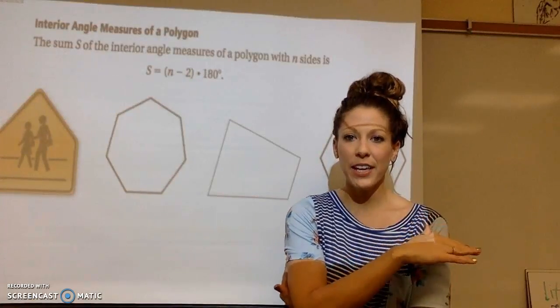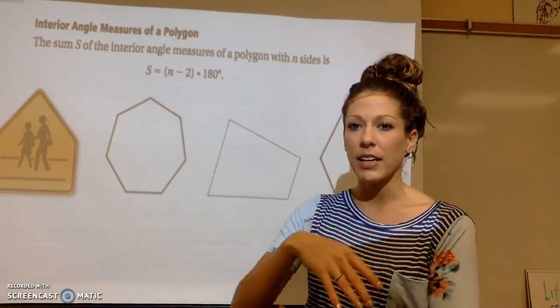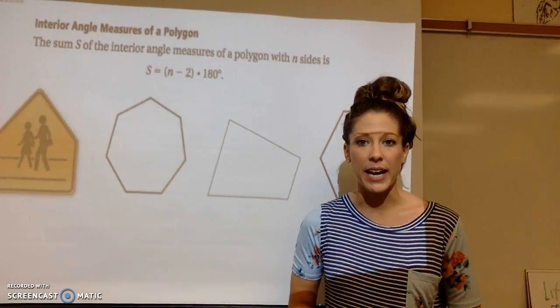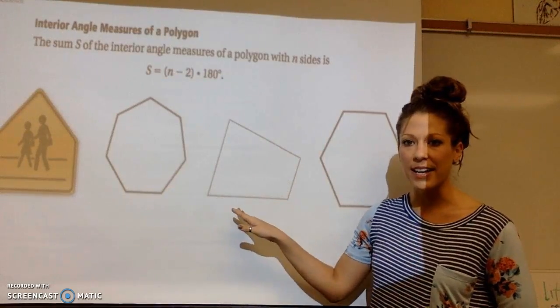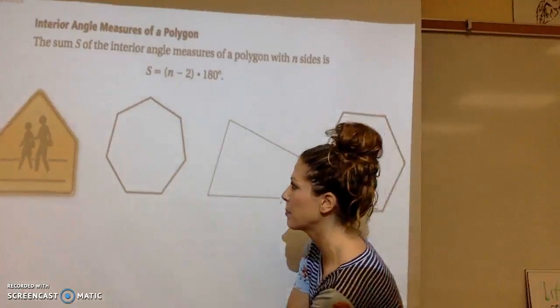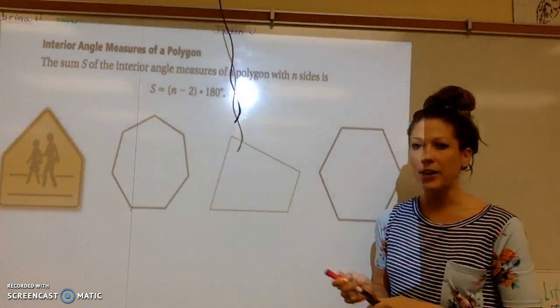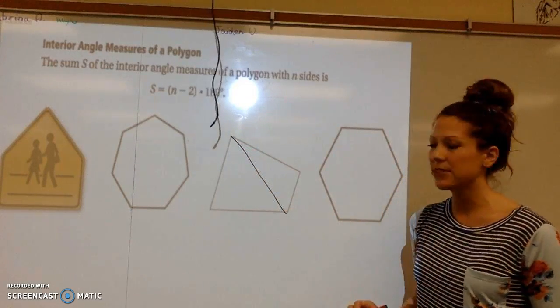All right, so we know that the angles of a triangle add up to 180 degrees. But now we're going to talk about what the angles of other types of polygons might add up to. So let's start with this one right here, a four-sided polygon, which is a quadrilateral. A quadrilateral can be divided into two triangles.